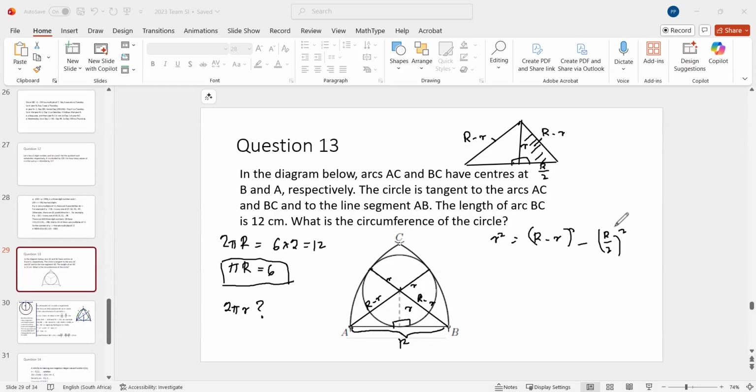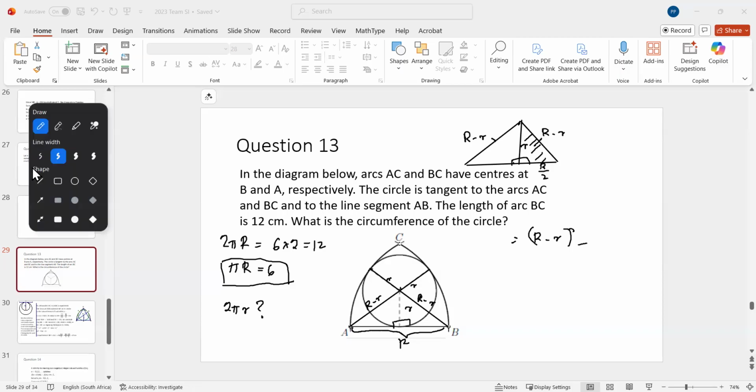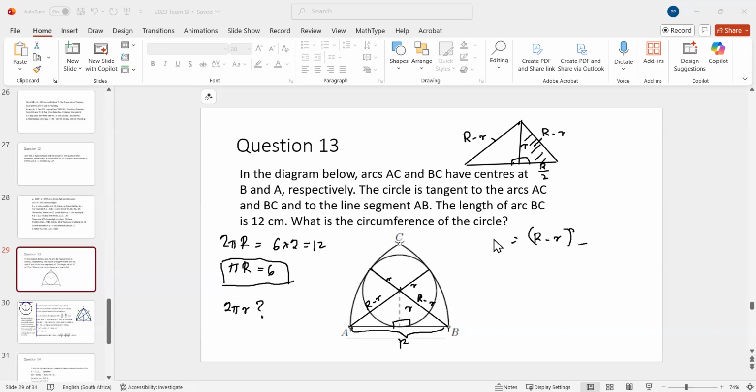Oh, wait a minute, I don't like that. Let's make it capital R squared. That's not going to simplify anything. I'm just looking for a shortcut. So you get small r squared is capital R squared minus, no, I'm sorry, I'm doing the same thing all over again. Sorry.